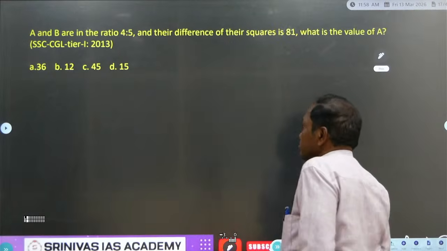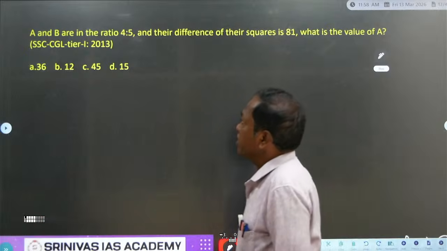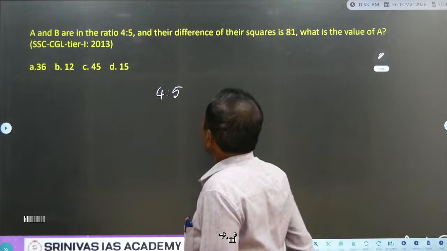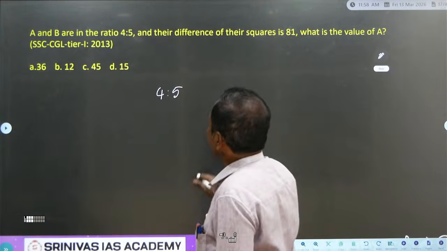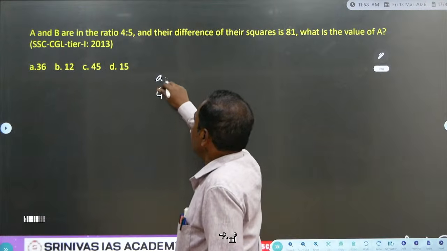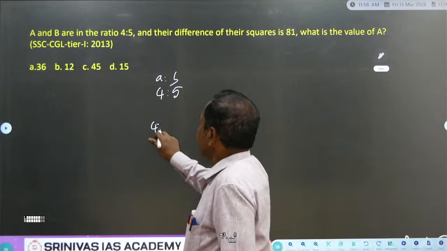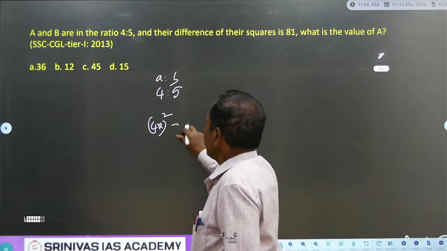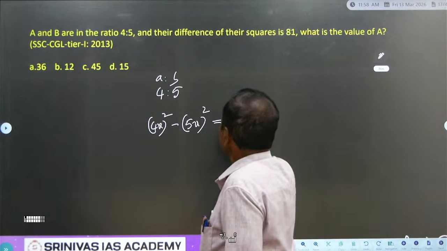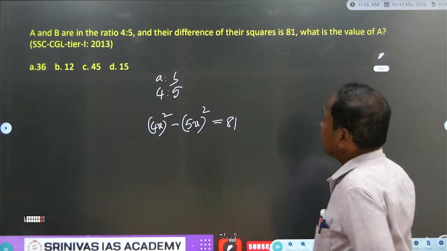Next one. A and B are in the ratio 4:5. The difference of their squares is 81. This is A, this is B. The difference of their squares: (4x) whole square minus (5x) whole square is 81. What is the value of A?